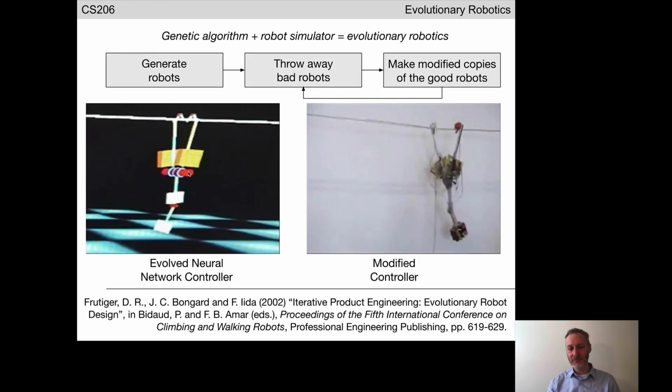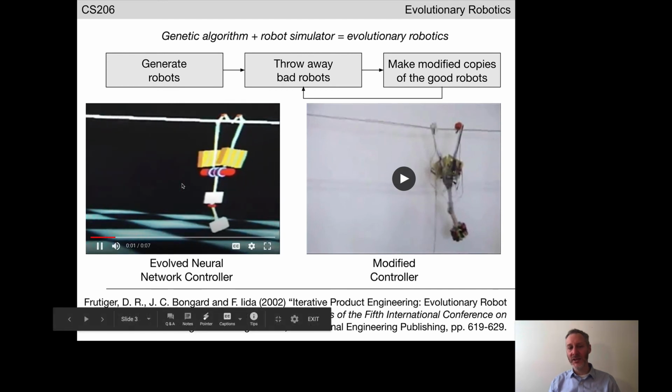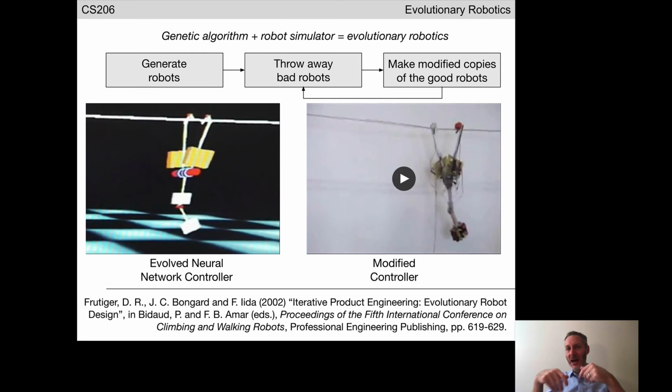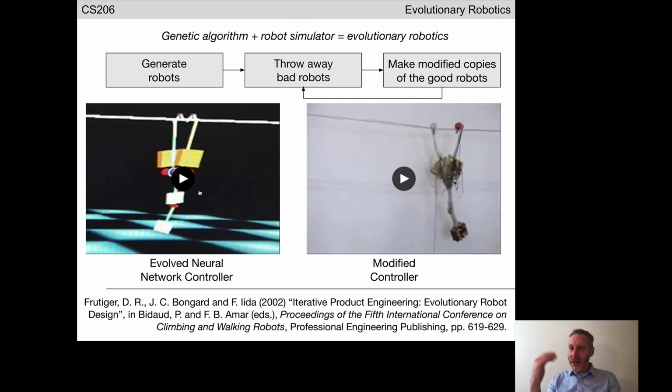You can notice that this robot is actually swinging in such a way that its heavy battery pack, which might have been a drag or an obstruction or a problem, has turned it into an advantage. So if you go back and review our notes on embodied cognition, the brachiator that you see here is a great example of how embodiment can be helpful in robotics rather than an obstruction.